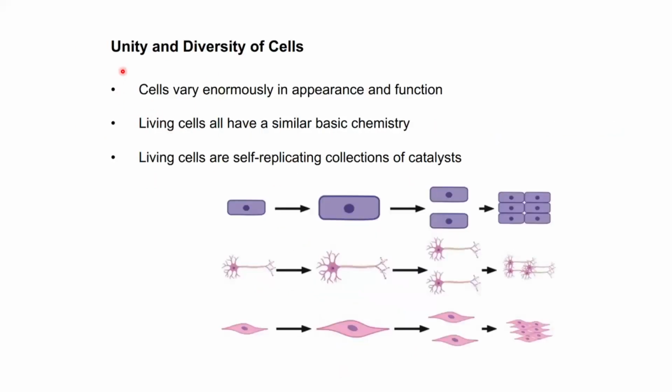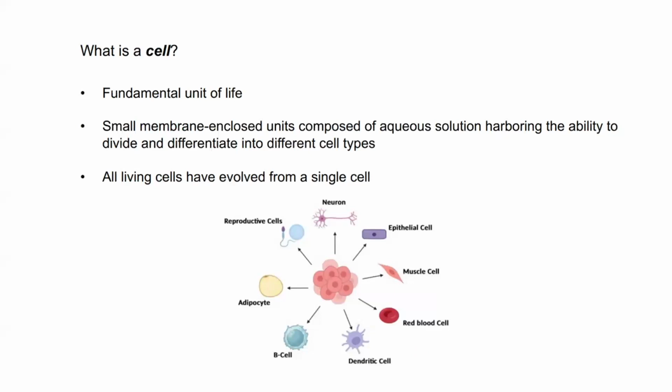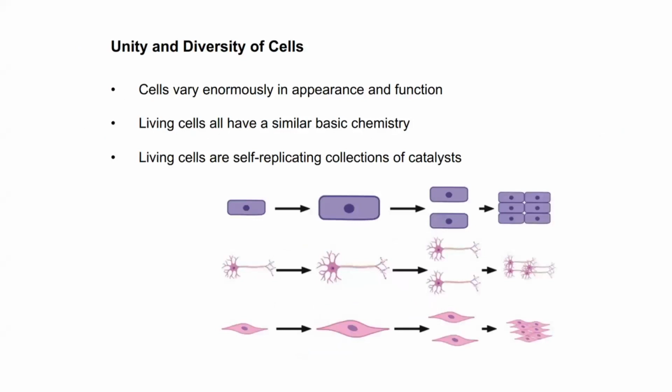And you have unity and diversity of cells. Again, that was hinted at in the previous slide, where cells vary enormously in appearance and function. So it can be as varied as red blood cells carrying oxygen to a muscle cell, allowing you to lift heavy things.